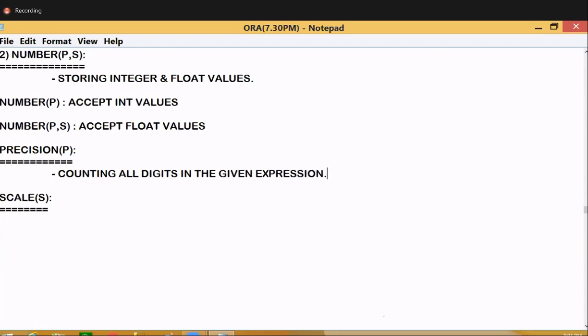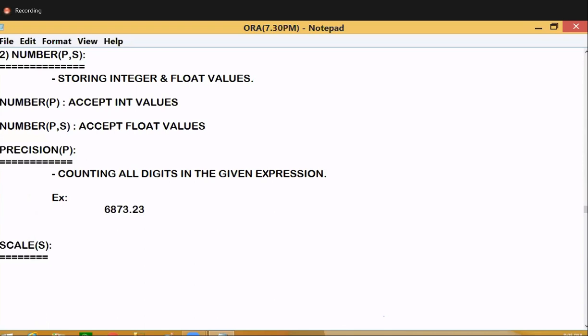For example, suppose I'm passing one expression here, like 0.23. This is one float expression.